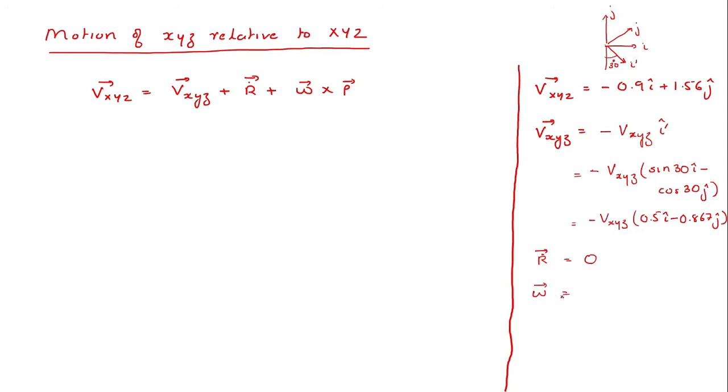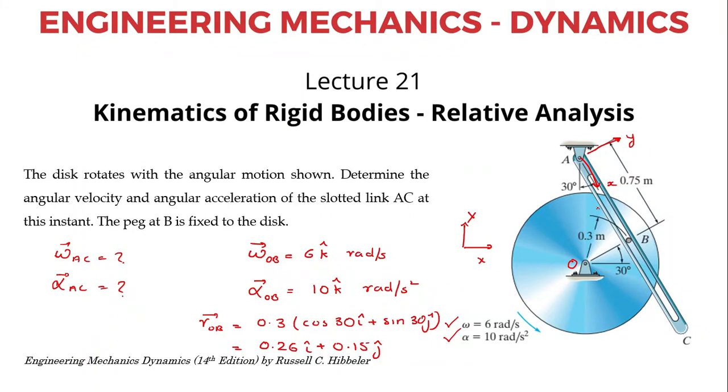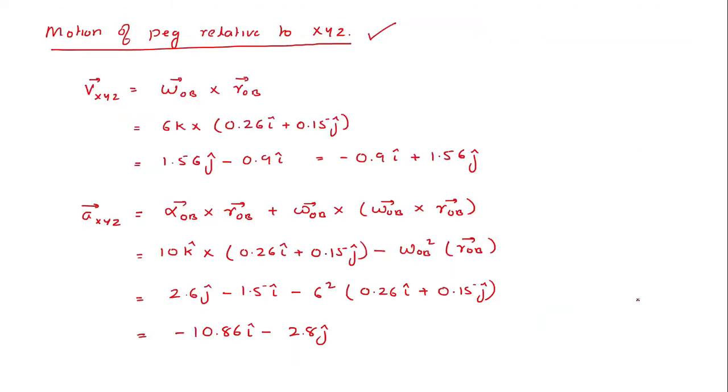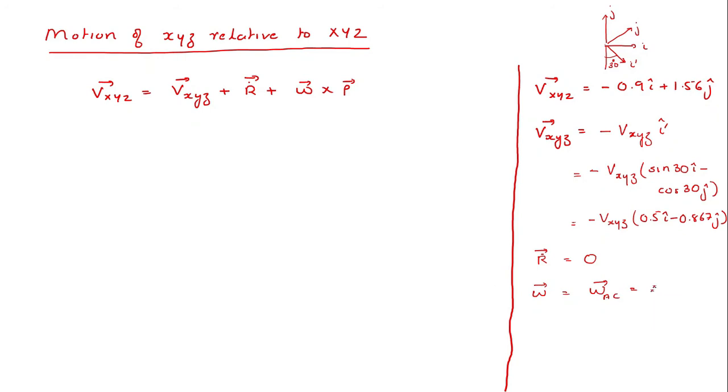Omega, as you know, is omega AC, which I can write in terms of magnitude. The rotation here is in clockwise direction at this particular instant. If you see this figure, at this particular instant, the corresponding rotation of this link AC will be in anti-clockwise direction. So as such, this will become omega AC into k cap.